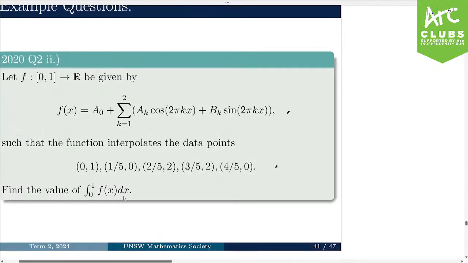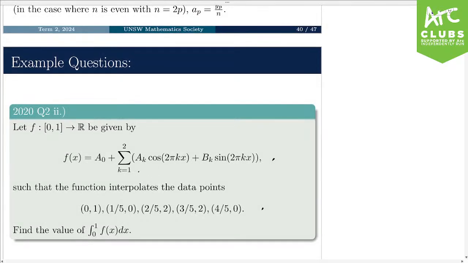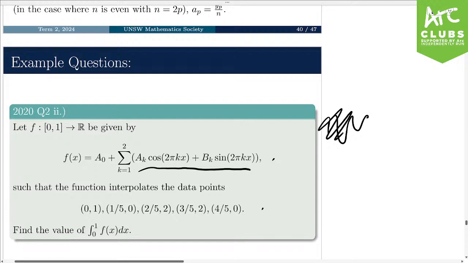So if we actually integrate this part from 0 to 1, since k is an integer, we're basically integrating something like cos or sine, where all the positive and negative bits cancel out. So this part, once you integrate it, actually evaluates to 0.